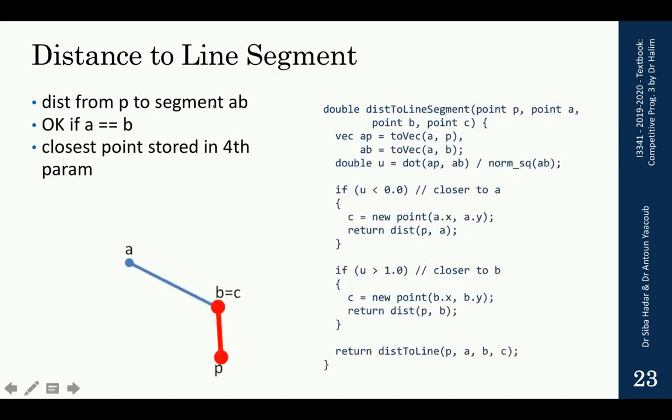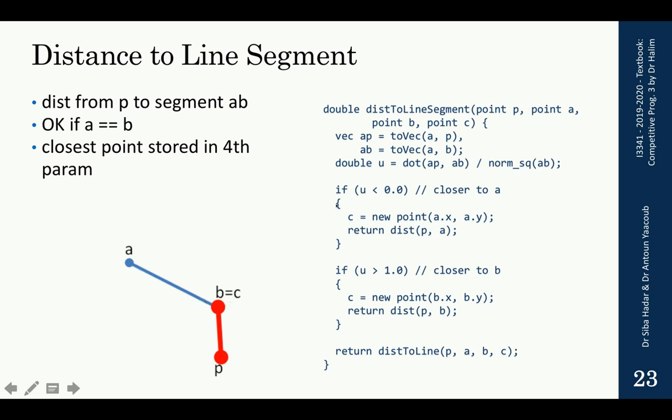Distance to a line segment. This time we also have the input point P, input point A, and input point B, and we want to calculate the distance from the point P to the line segment this time, and not the line AB. So we also have to create the vectors AP and AB, and we calculate the scalar value U, which is, like before, the dot product of AP and AB over the norm square of AB.